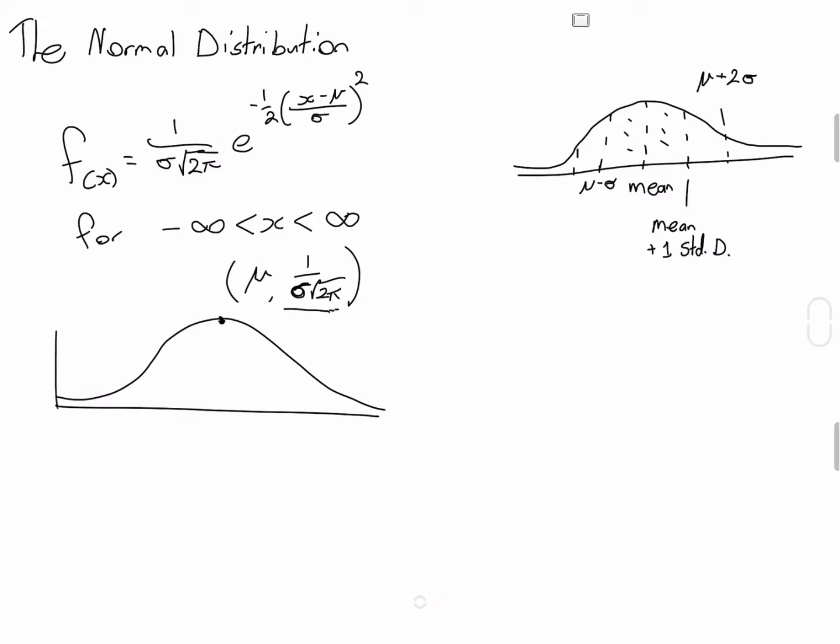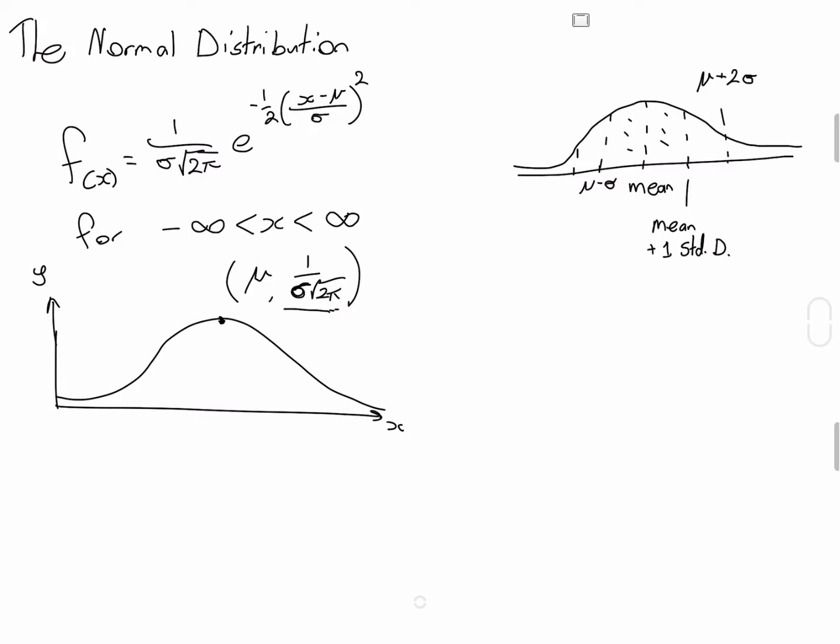So we could actually put this onto a set of axes where we've got x and y. Well, the y coordinate here, if we look back up to our probability density function, then we've got the mean minus the mean, which is 0, and 0 over whatever it is, squared, will make this entire thing 0, so this e to the power of minus a half times 0 becomes e to the power of 0, makes it 1.